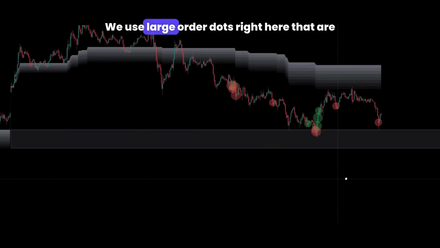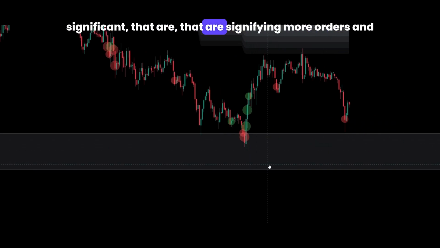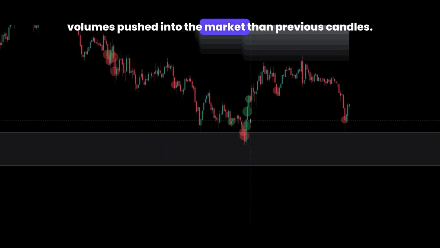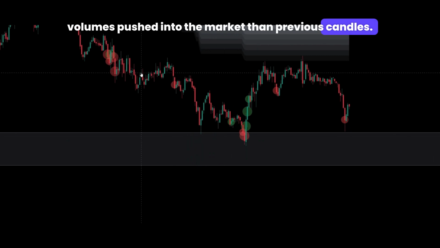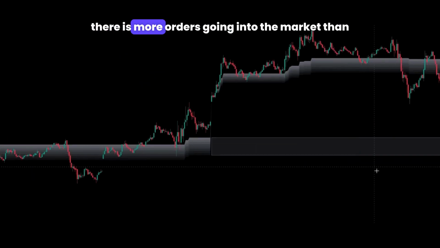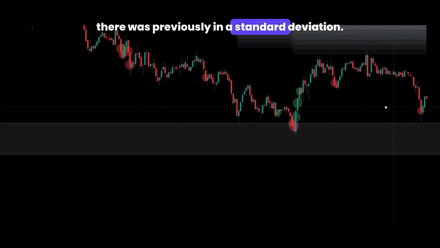We use large order dots right here that are significant, that are signifying more orders and volumes pushed into the market than previous candles. Okay, so it's not just showing volume, it's showing where there is more orders going into the market than there was previously in a standard deviation.